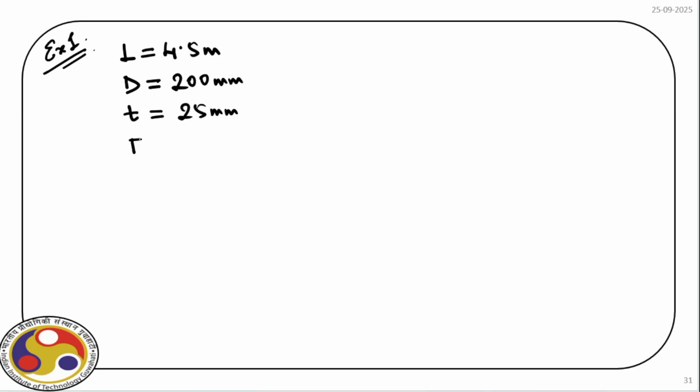Then E is equal to 2.1 into 10 to the power 5 Newton per millimeter square. Then sigma C is equal to 550 Newton per millimeter square.